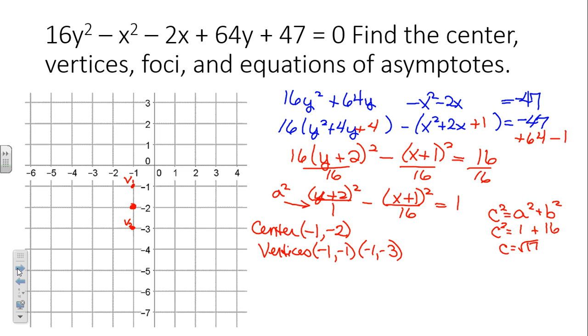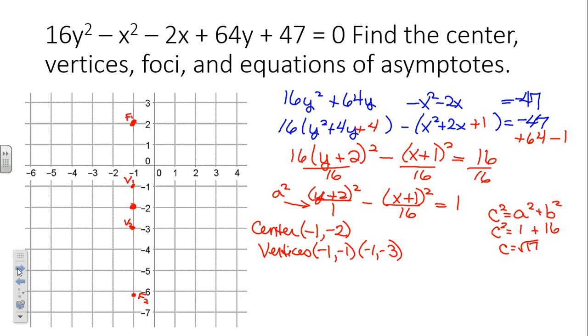A little bit more than 4. So it's just a little bit more than 4 up and a little bit more than 4 down from our center.